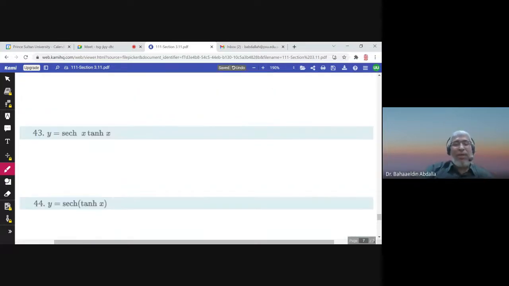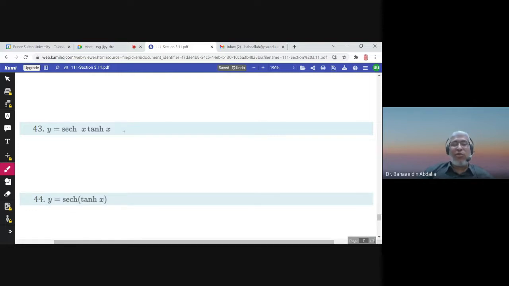Well, here I have a product, so I will use the product formula. So derivative of hyperbolic secant is negative, remember? Hyperbolic secant times hyperbolic tan. This is the derivative of the first function, hyperbolic secant. So times the second function, which is hyperbolic tan x, plus hyperbolic secant, I write it as it is.